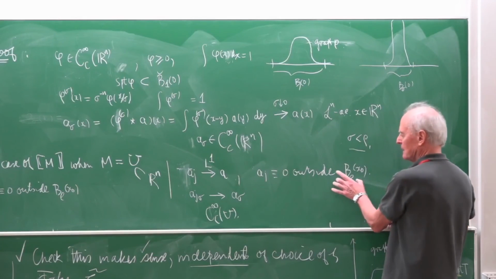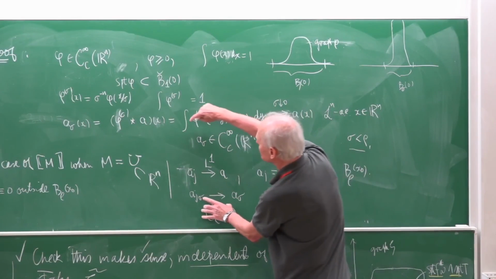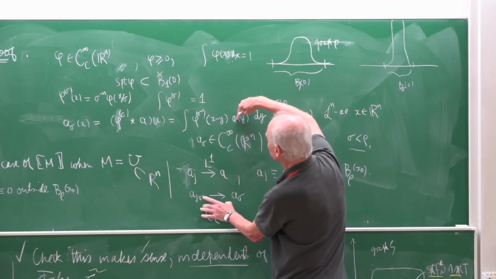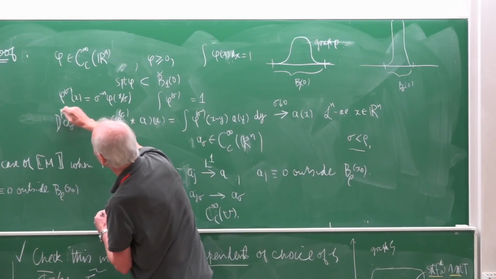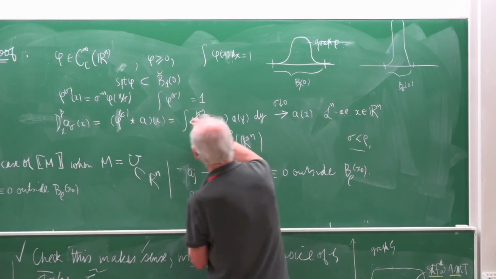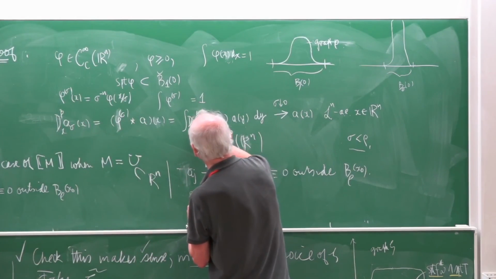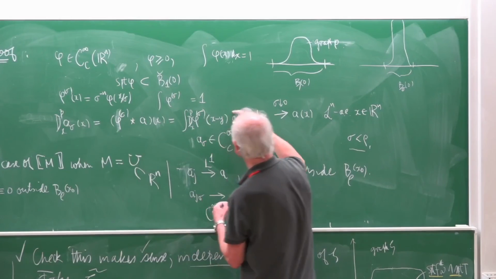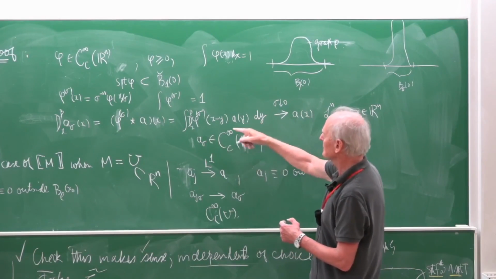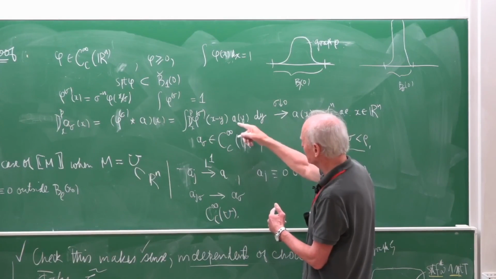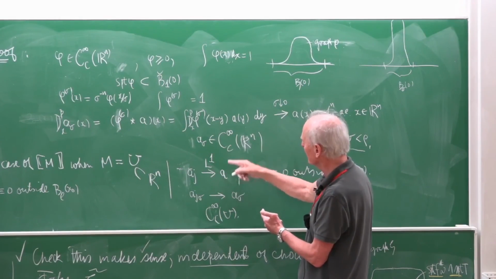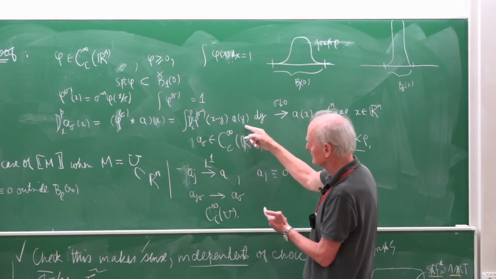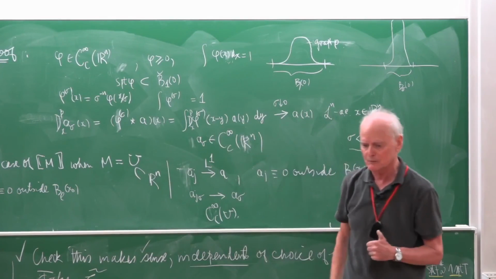Because the supports are all compact, we're just assuming that. They're all 0 outside. And because A_j is converging to A in L1, you can take the derivatives, D x beta. That just gives you a derivative inside the integral, but it doesn't affect A. So clearly if you replace A by A_j, as long as A_j is converging to A, that clearly converges back to this for any number of derivatives.